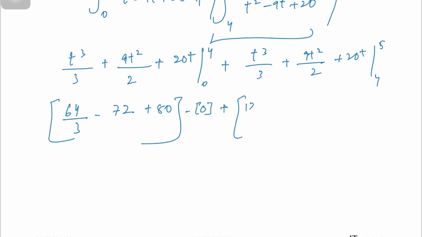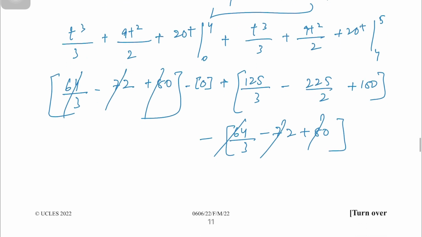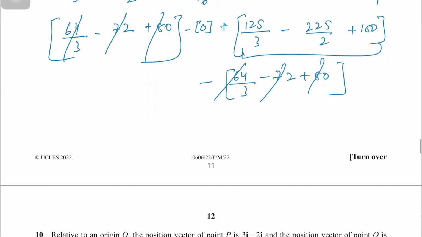Here if we apply the upper limit, this would be 125 over 3 negative 225 over 2, then positive 100, and then this would be subtracted by 64 over 3 negative 72 and positive 80. So what is basically happening is this and this is cancelling and this is cancelling and this is cancelling. So we have our final answers as this, and we can write it simply as 29.5.